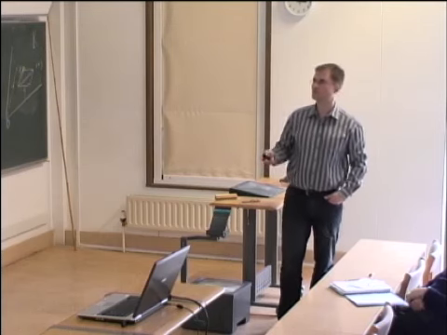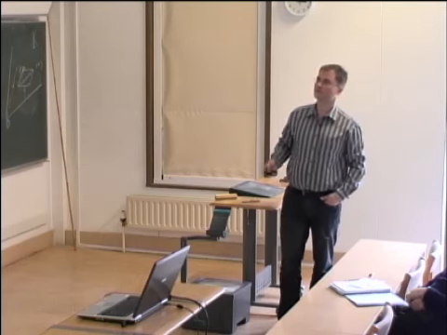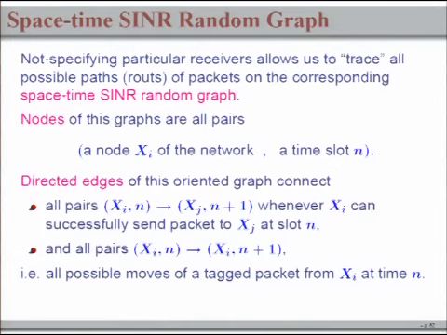These are nodes. Where are the edges in this graph? There will be directed edges, because the graph will be oriented. I'm putting an edge between node xi at slot n, a point of the point process, and another point of the point process xj at the next slot, whenever xi can successfully transmit a packet to xj in slot n.